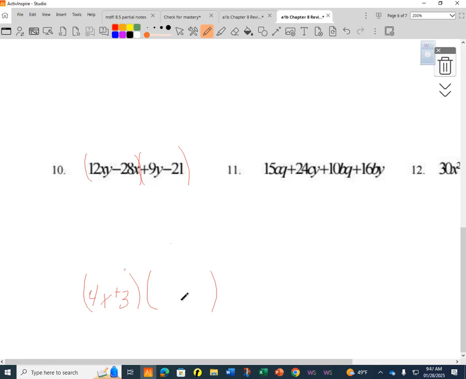Do you remember how to find the second factor, Jaden? By first group or second group? Yep. First group gets divided by the first greatest common factor. And 12 divided by 4 is 3. X's cancel out and leaves me a y. This is minus, so minus goes here. 28 divided by 4 is 7.